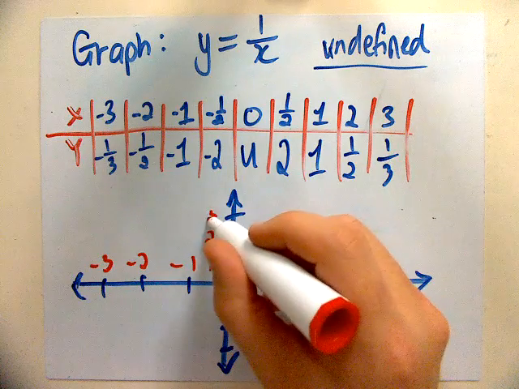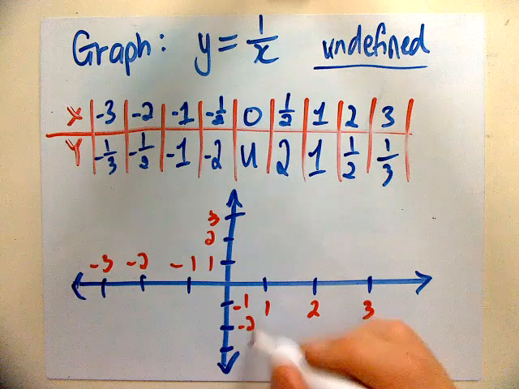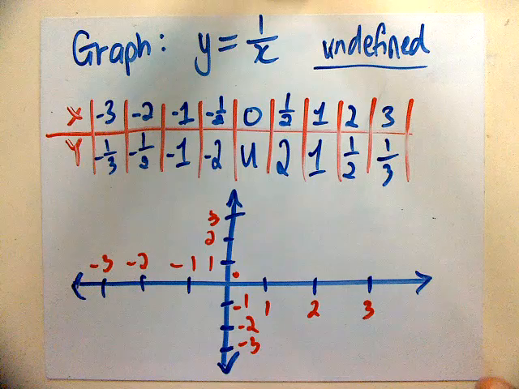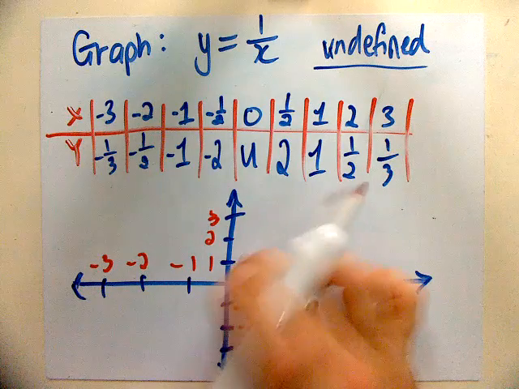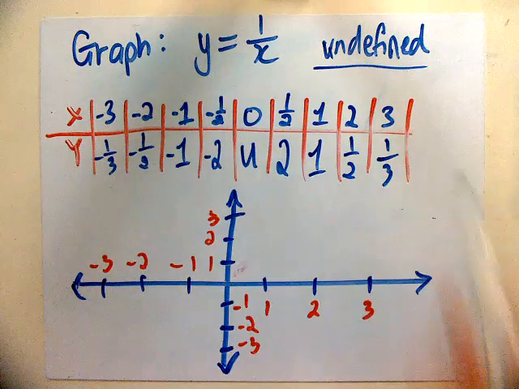Obviously, that's 0 in there. So let's graph this. I'm going to start at 0 and move this way.